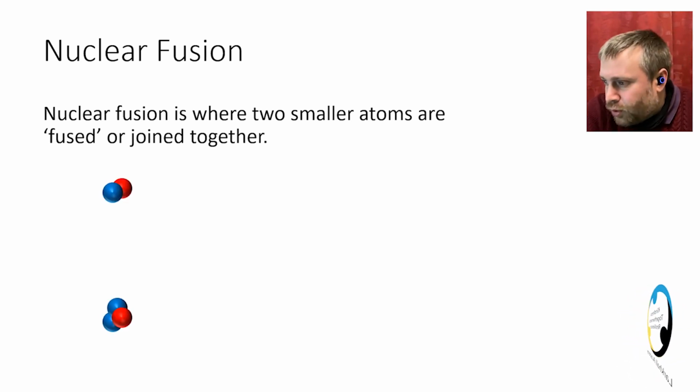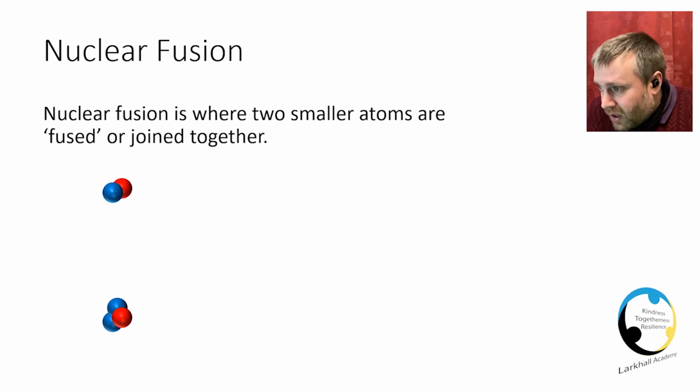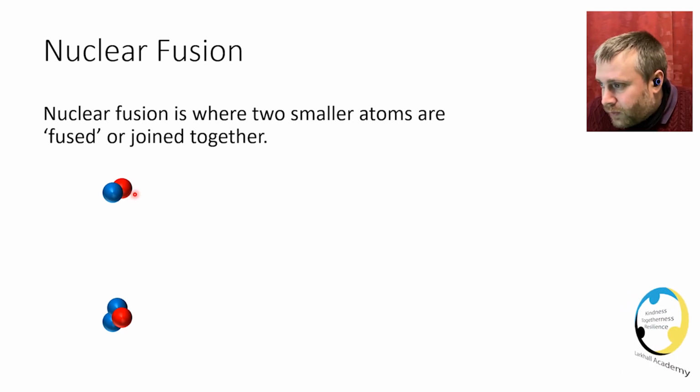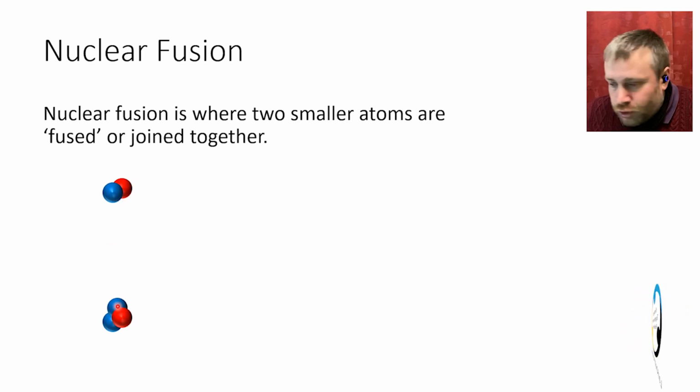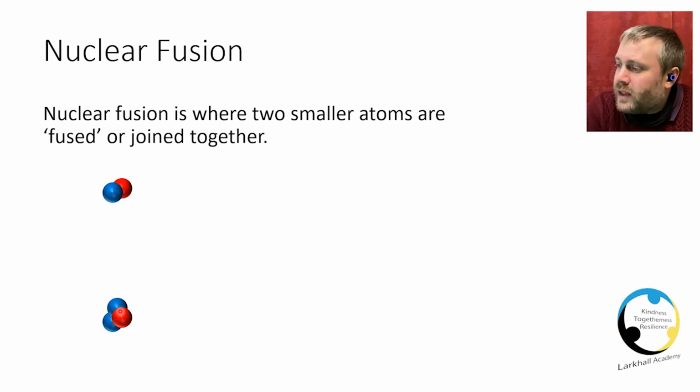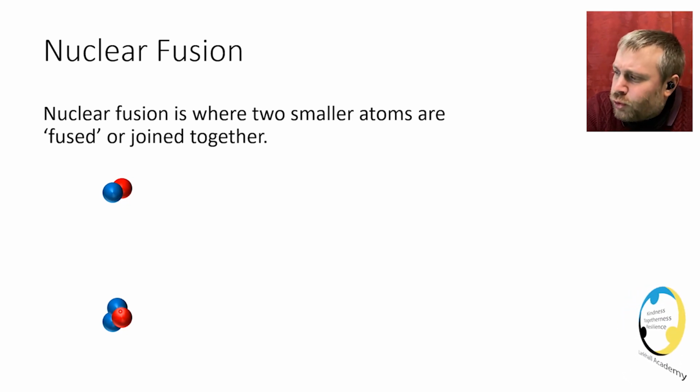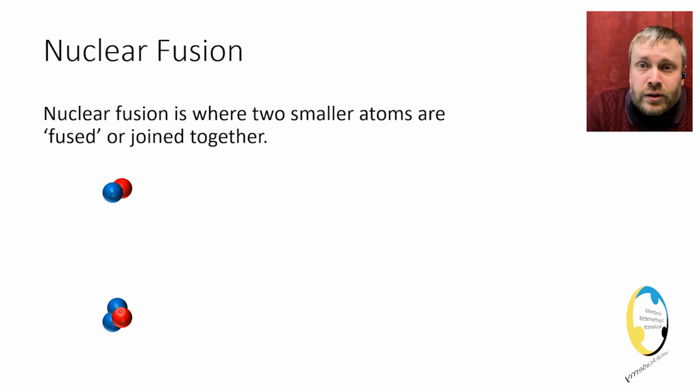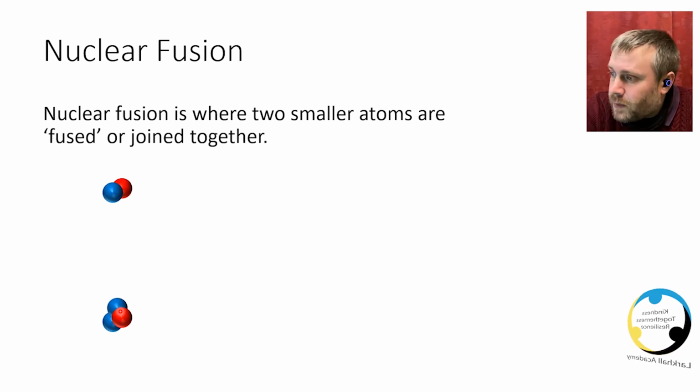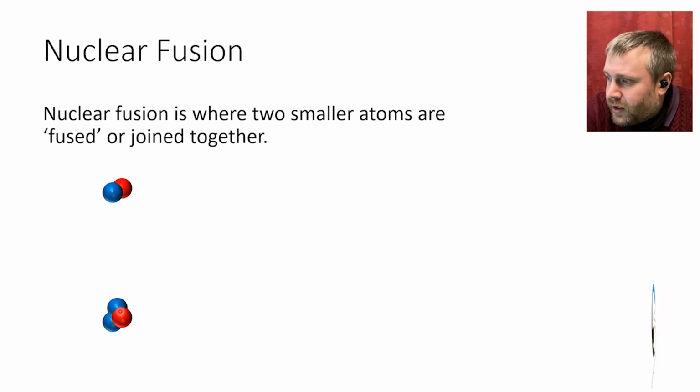So we start off with 2 smaller nuclei here. We have an atom with 1 proton and 1 neutron, and here we've got 1 proton and 2 neutrons. So these are going to be 2 different types of hydrogen atom. For those of you that do chemistry, I'm sure you've already figured that out.